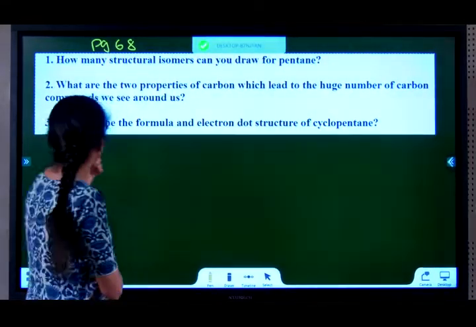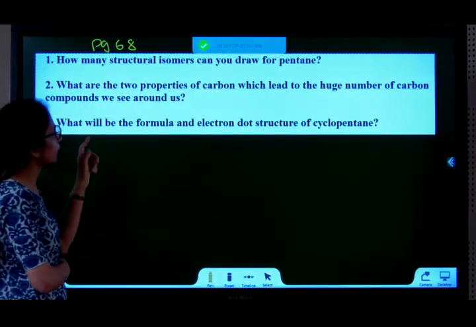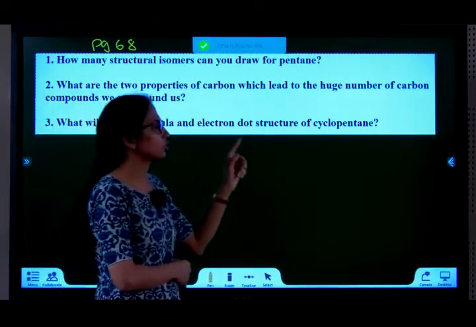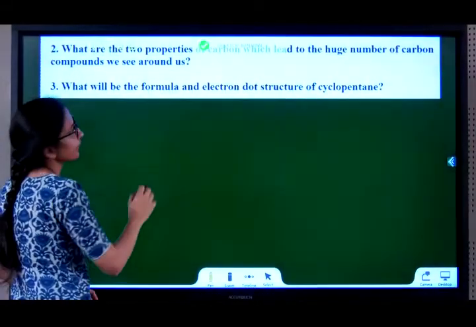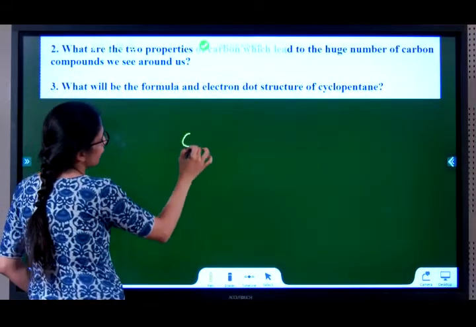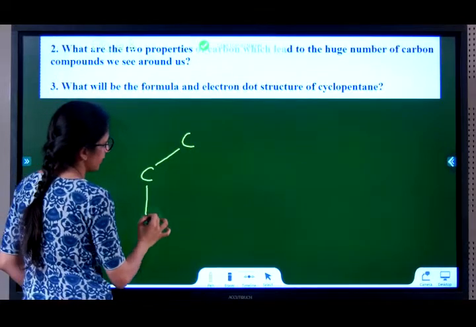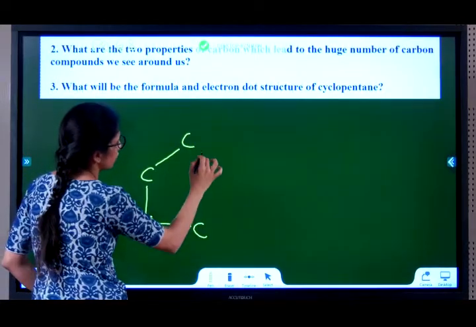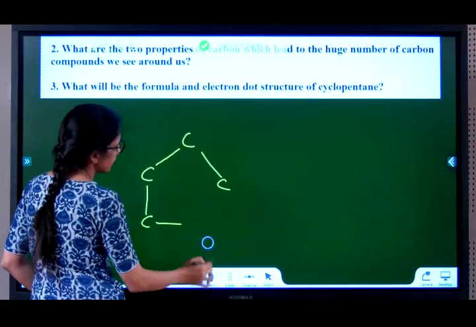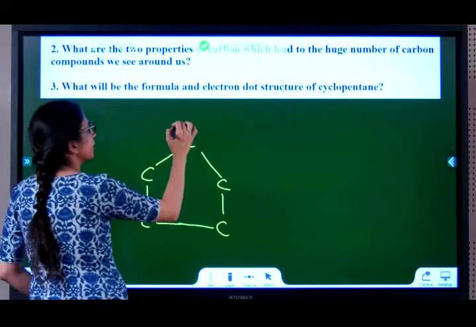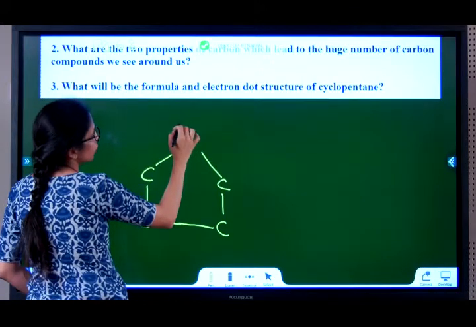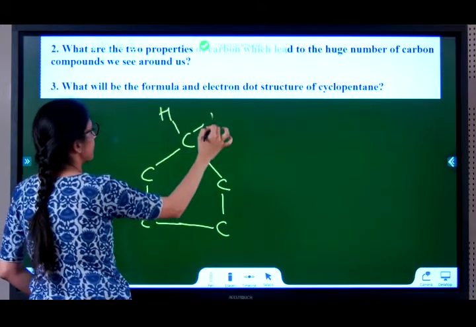Explain the 2. Next, what will be the formula and electron dot structure of cyclopentane? Cyclopentane. So there are 5 carbon atoms in cyclic order. All are single bonds. How do I know all are single bonds? Because it is saying pentane. Now put the remaining H's. Since it's electron dot structure, you have to show every bond.